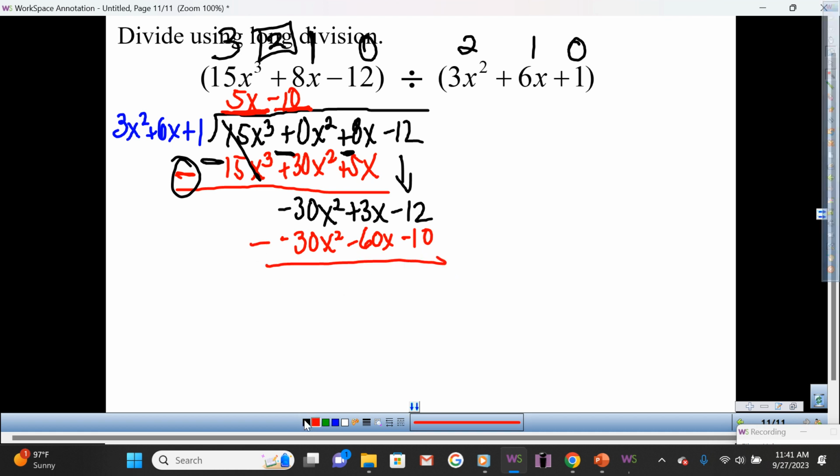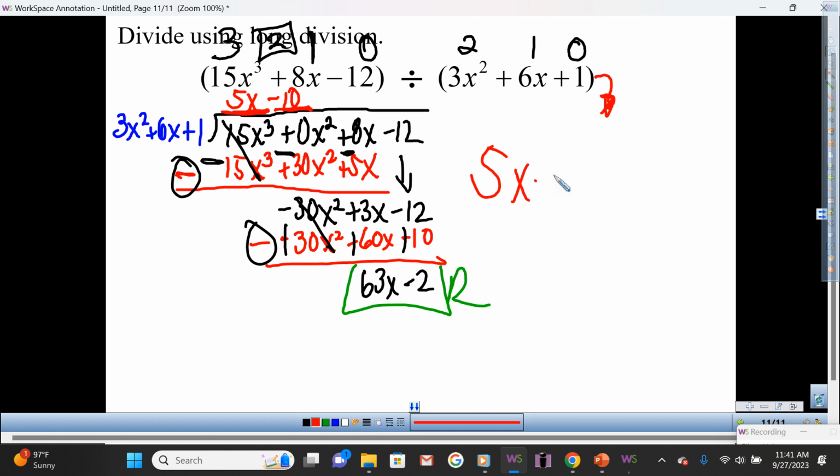Subtract, what does that mean? You distribute this one here, here, and here. This cancels. We're left with 60 plus 3, that's 63x. 10 minus 12, that's negative 2. And this is my remainder. Therefore, what is our answer to the division or our quotient?